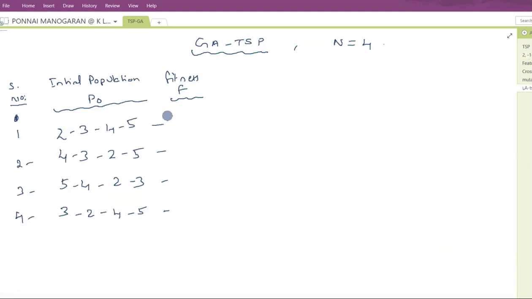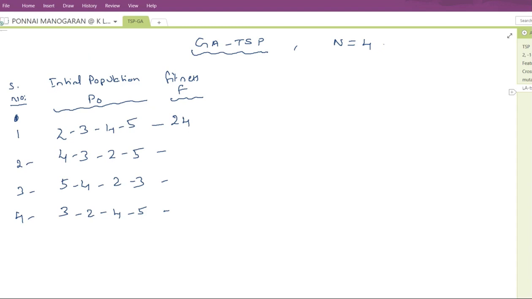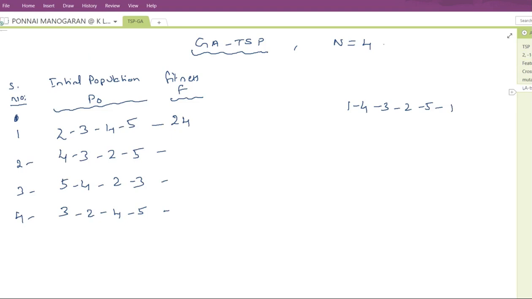So you put 24 as a fitness value. And 4 3 2 5, let us see. From 1 to 4 it is 12. Please see this, it's very simple. 4 3 2 5 means you have to calculate from 1 to 4, plus 3 to 5, again 1. So the path length between 1 to 4 is, let us see the diagram.